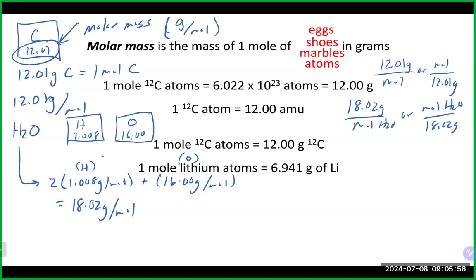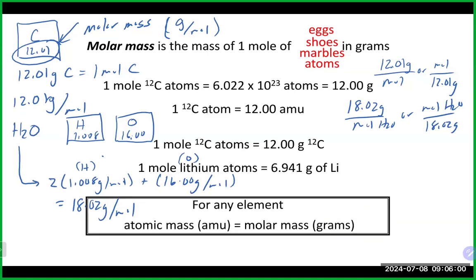The AMU per atom is numerically equal to the grams per mole value that you get on the periodic table, which is why we could use the value there either way. Most of the time, again, we use molar mass because grams is a lot more useful for us.